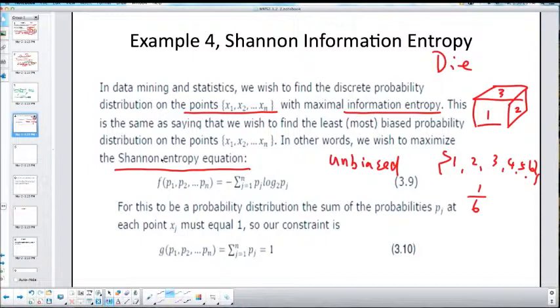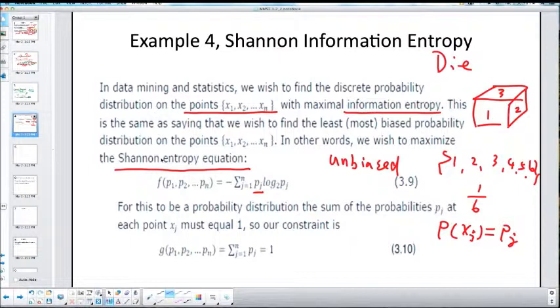Shannon entropy is used in all information science and technology to measure how much information you have. It's defined as the sigma over all the probabilities Pj. The probability assigned to each xj we call Pj.